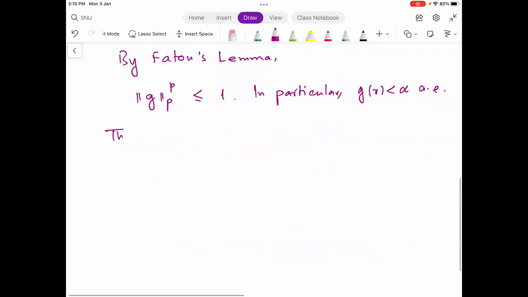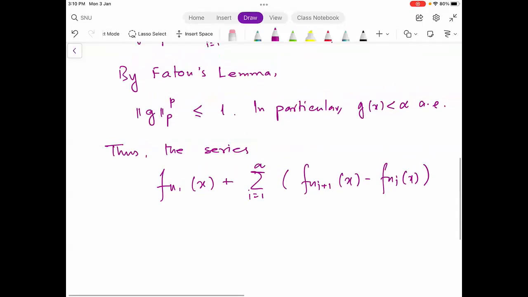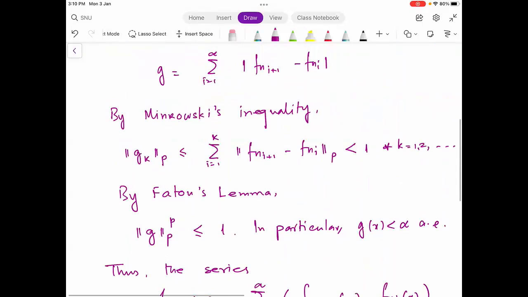So now consider this series. On that almost everywhere set on which G is finite, what is G? G was this. Look at the top line.